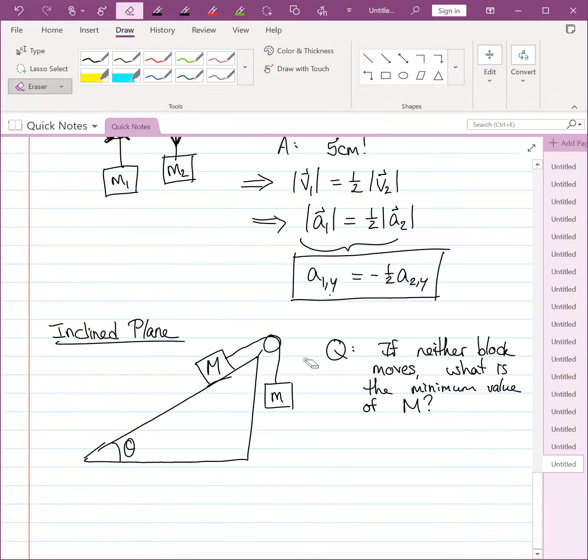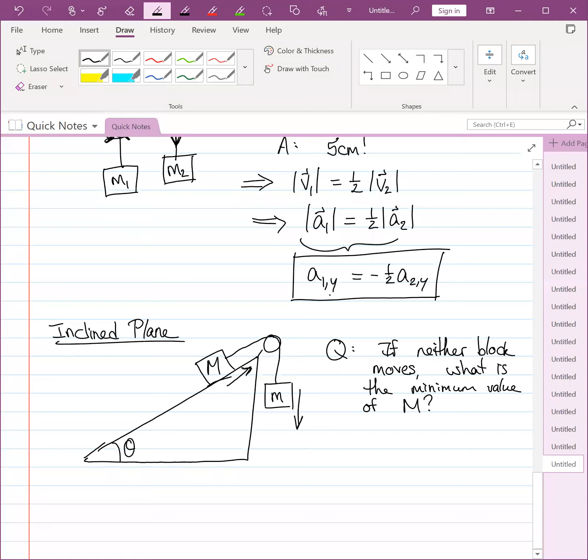On the other hand, if the mass of capital M is too small, then little m will want to fall downwards. And the only way that it starts moving is if it has too little friction or too little mass for the frictional force to counteract the tension force, and it would start sliding up.